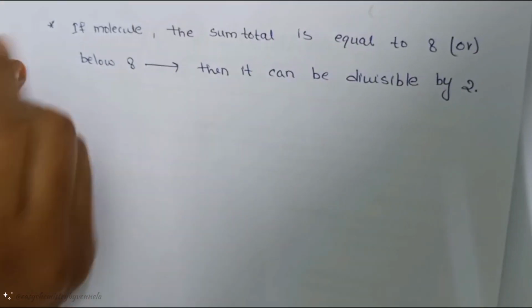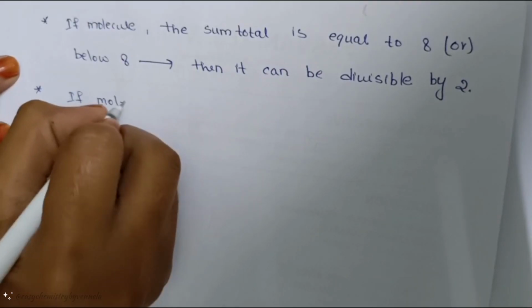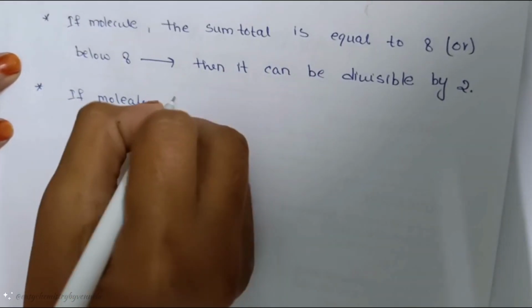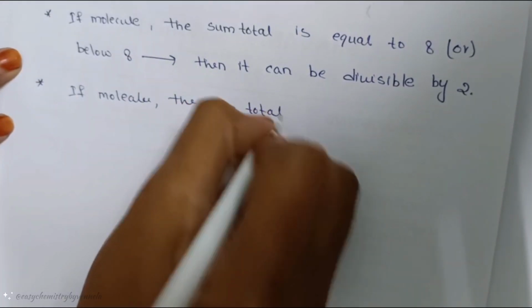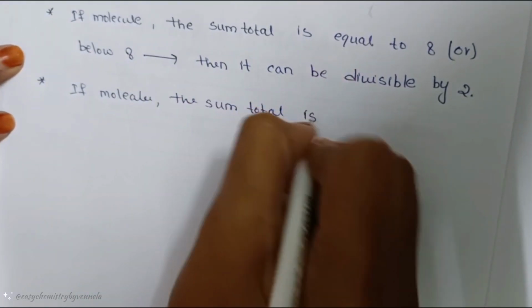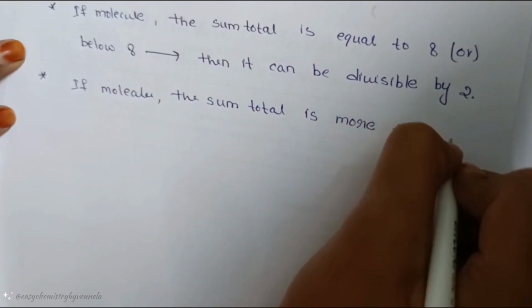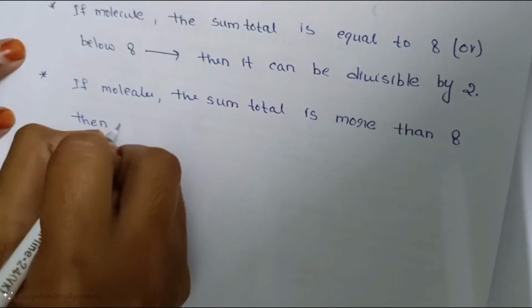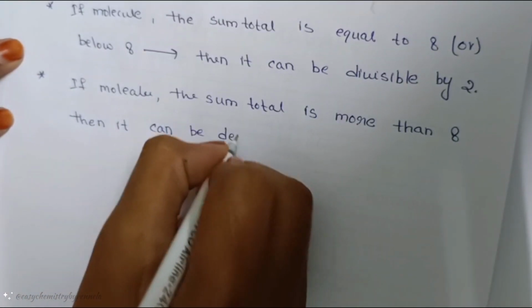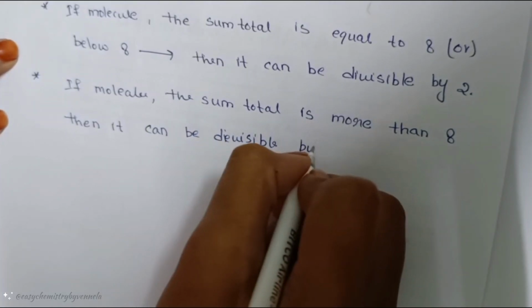Second one, if for a molecule the sum total is more than 8, then it can be divisible by 8.